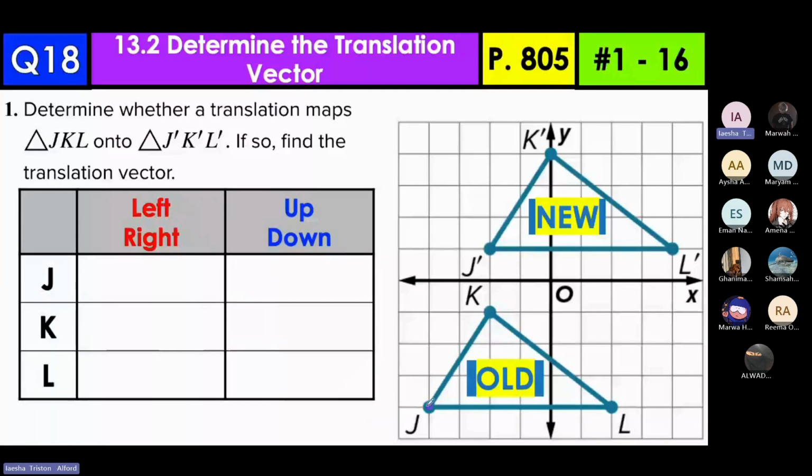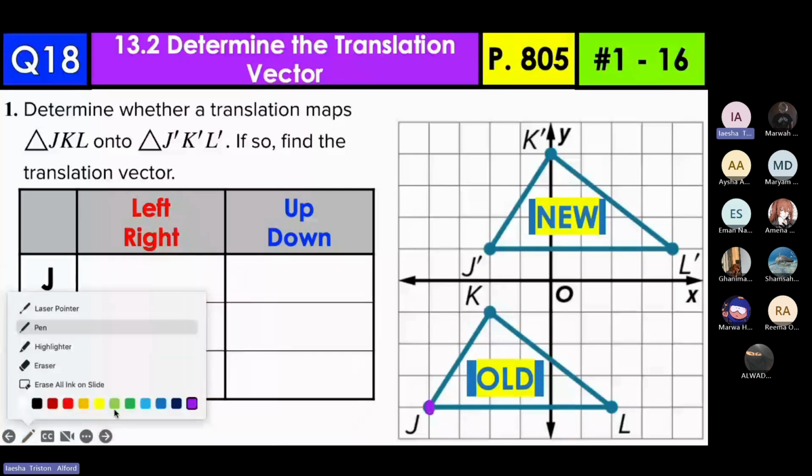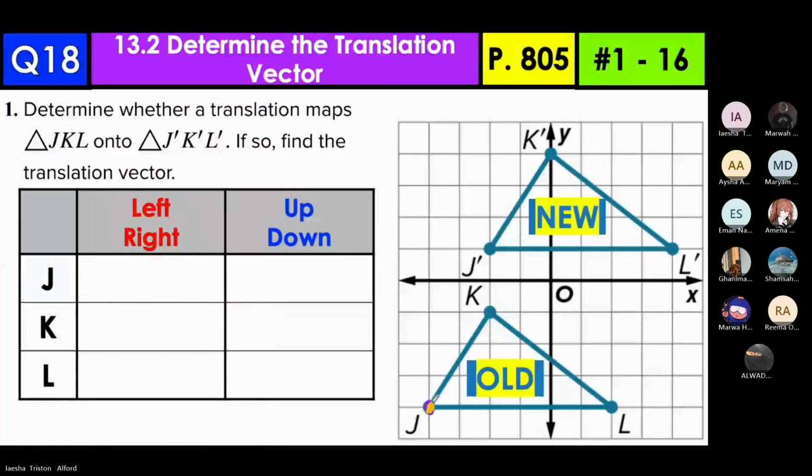We want to go from J to J prime. So we're going left or right? Right. How many? 2. So we go right 2.